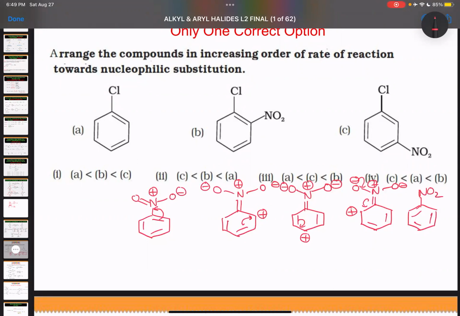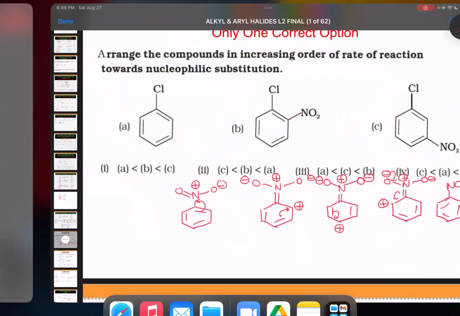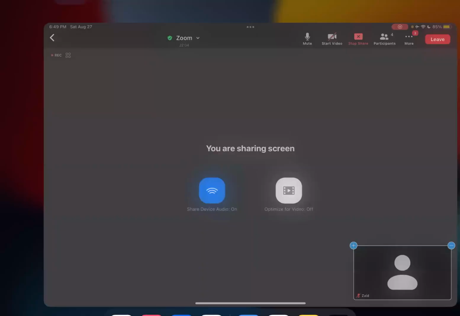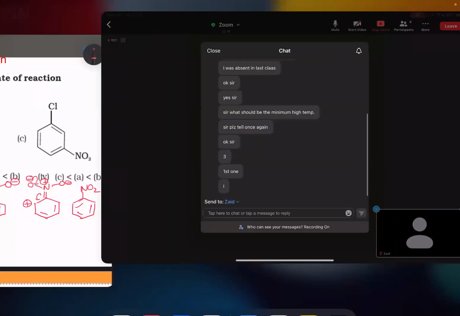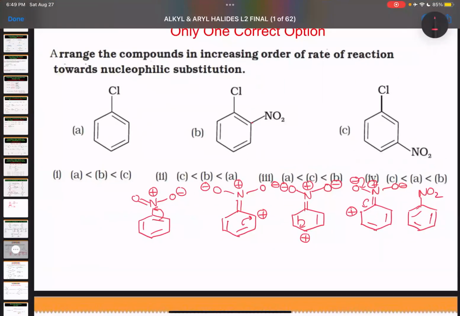Okay, so you can see here. You don't have to write all the structures again and again. Wherever the NO2 group is, just put a positive charge at the ortho and the para position with respect to NO2.